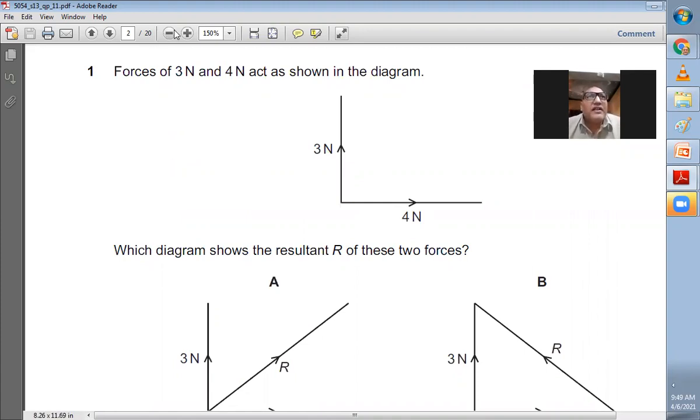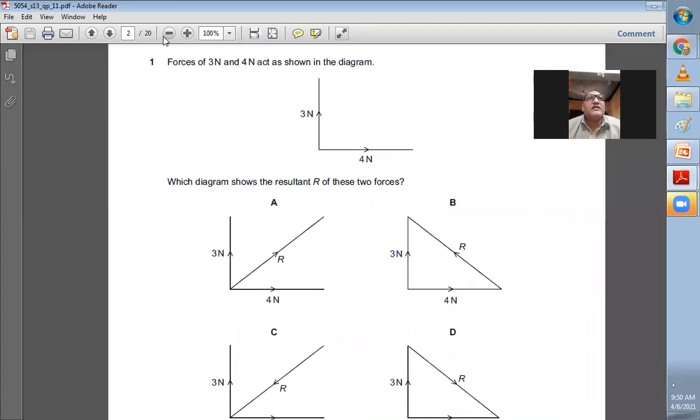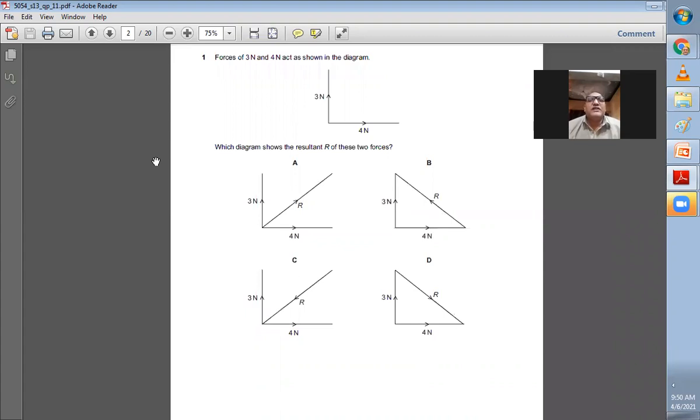So let me show you the whole situation, I mean all the options available. These are the options which are showing on your screen.